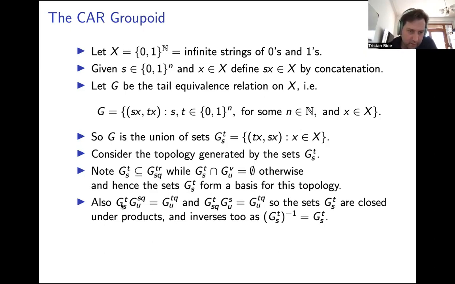So note that if you take a product of two cylinder sets here, where the string SQ here is an extension of this string S here, then when you think about it for a second, you'll see that if I have two strings, one starting with T, one starting with S, and another two strings over here, one starting with SQ and another starting with U, then looking at the left and rightmost, they also have to agree beyond Q, basically.